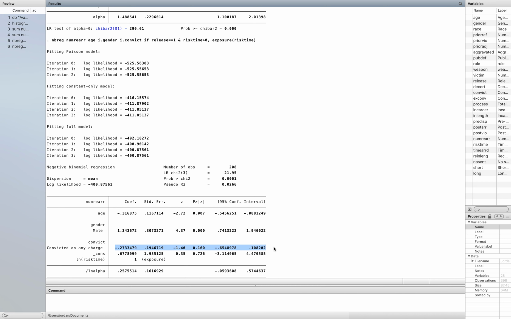So this is the importance of, if it's appropriate, having an exposure factor in your model. And the interpretations are the exact same. So I just wanted to talk about the importance of having an exposure factor in there. It's not always appropriate for what you're doing, but sometimes it actually may be.